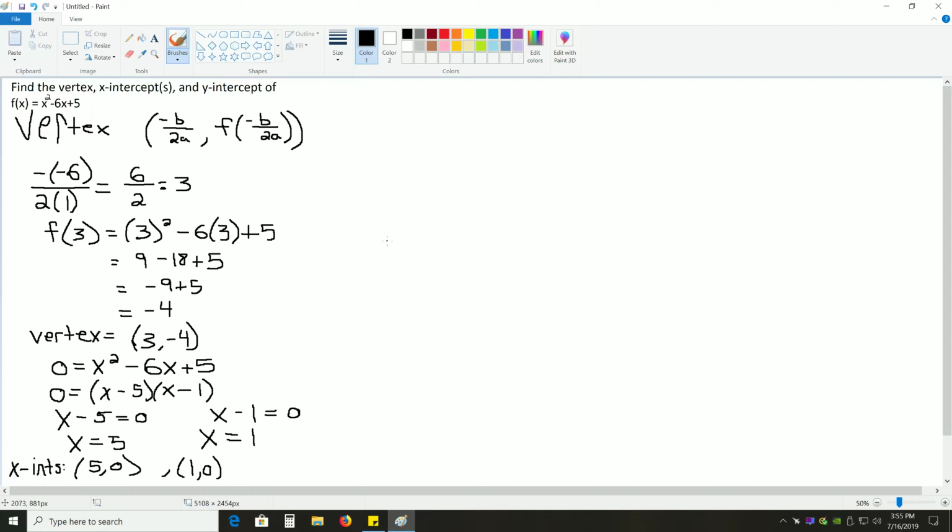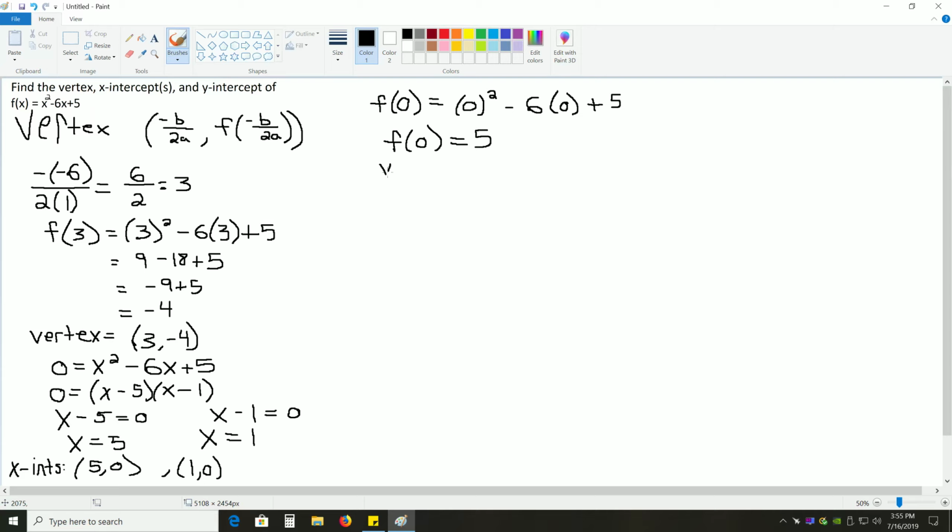Now finally, from here, to find the y-intercept, all we have to do is plug 0 in for our x values, and that tells us when we will hit the y-axis, whenever x is equal to 0. So we get f of 0, which gives us 0 squared minus 6 times 0 plus 5, which leaves us with f of 0 equals 5.